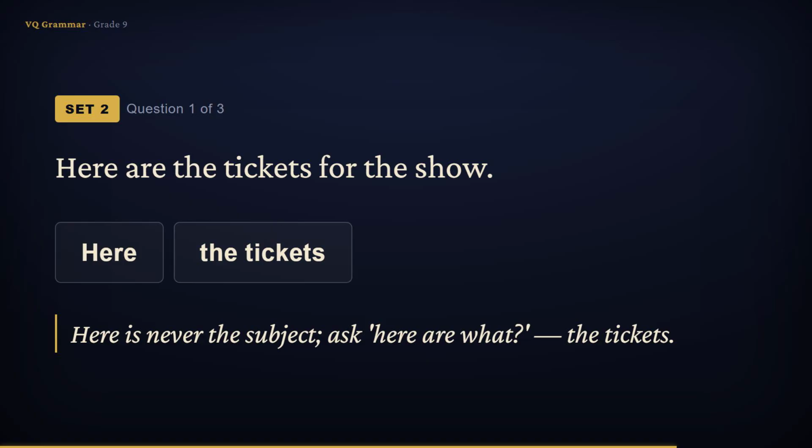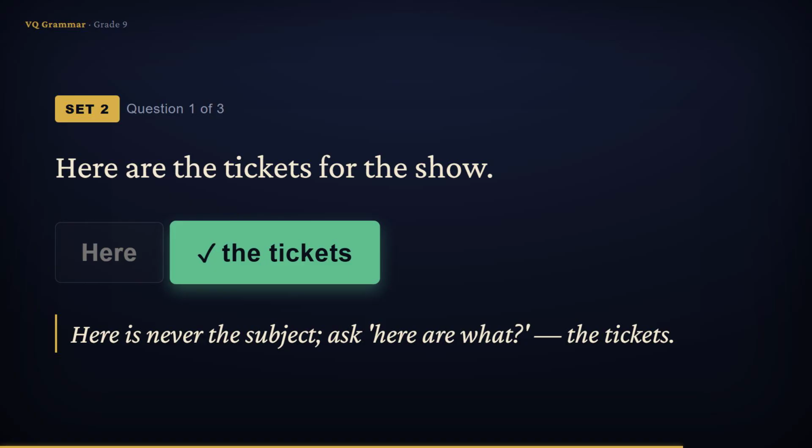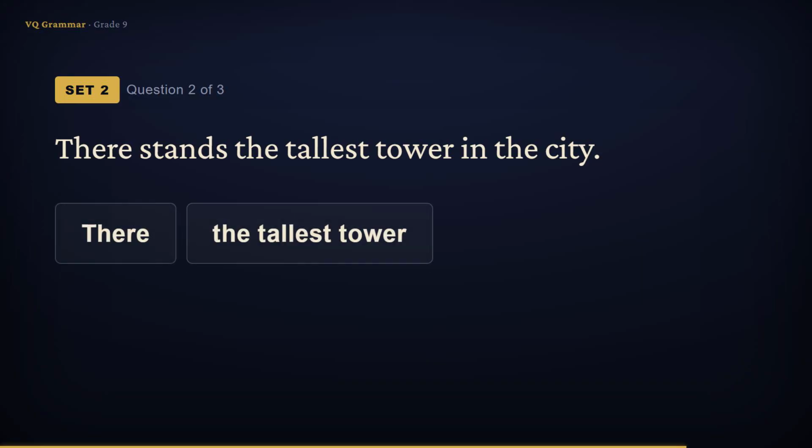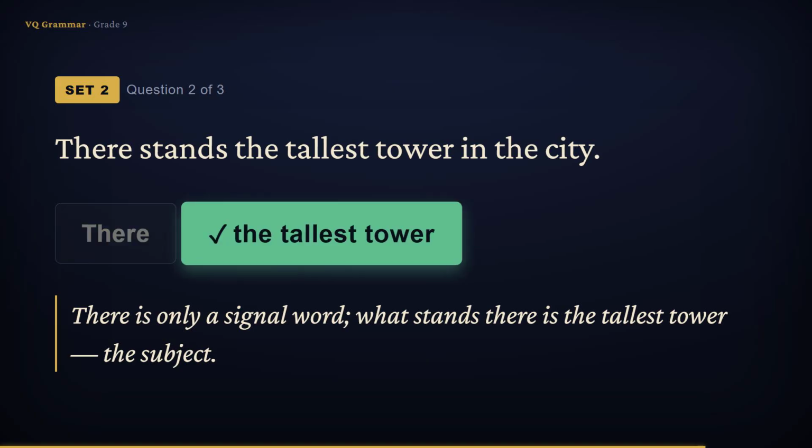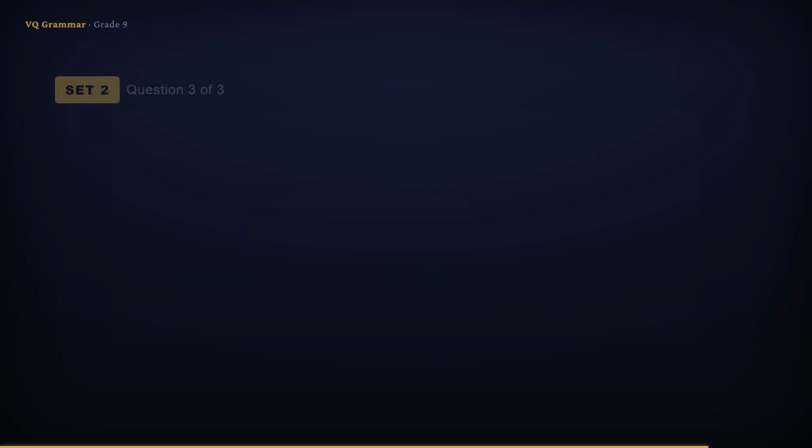Ask, here are what? The tickets. So the subject is the tickets. There stands the tallest tower in the city. Again, there is just a signal word, not the subject. What stands there? The tallest tower. That's your subject, the tallest tower.